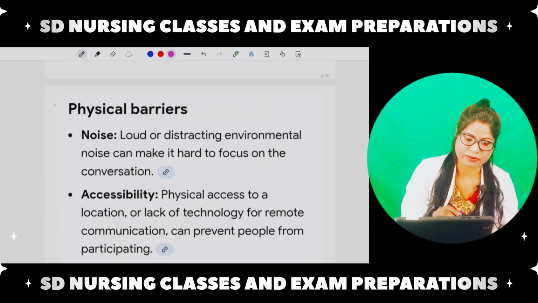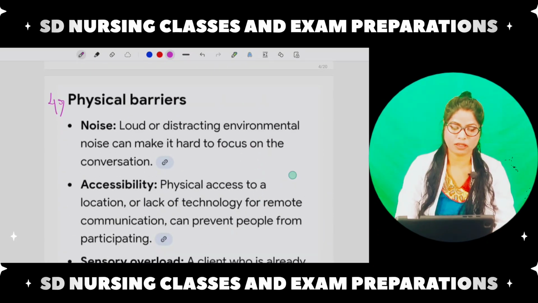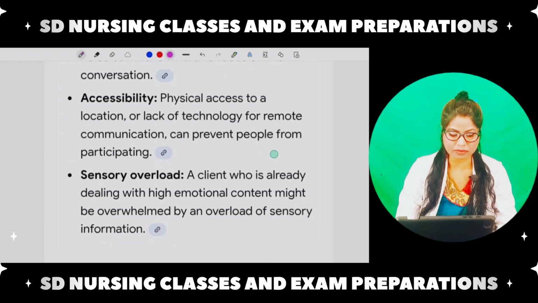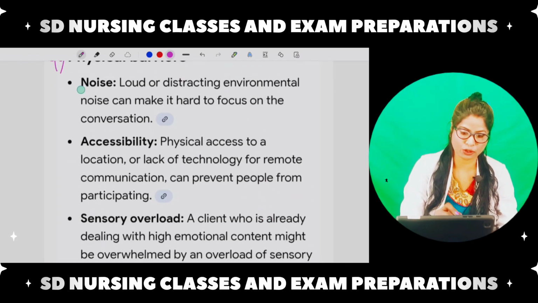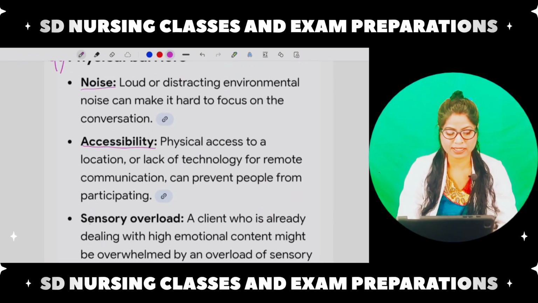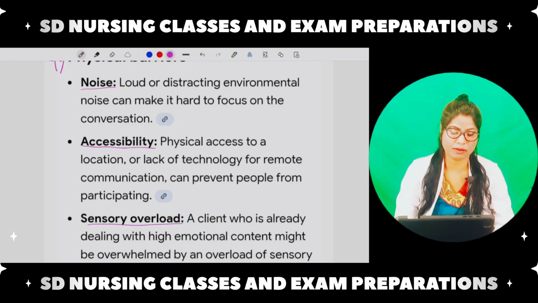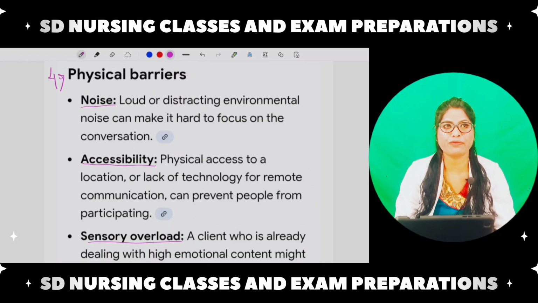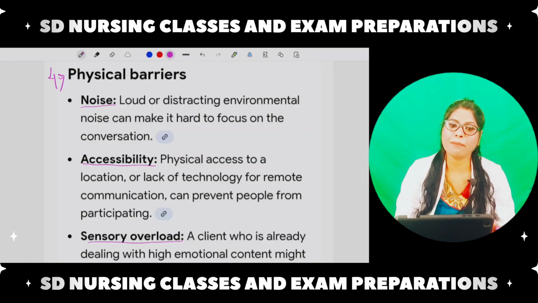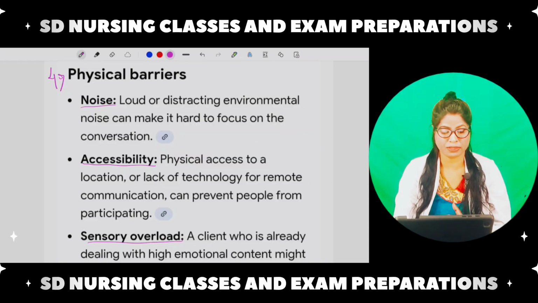And fourth is physical barrier. Physically, this is like noise, accessibility, sensory overload. It means that physically, a loud noise can be a barrier for effective communication.